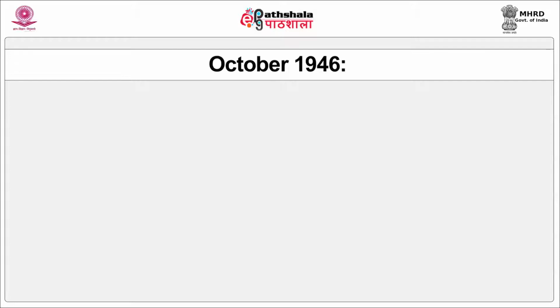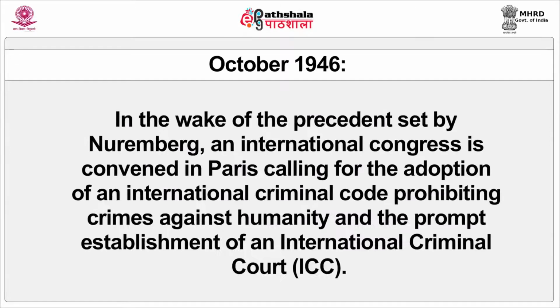October 1946: In the wake of the precedent set by Nuremberg, an International Congress is convened in Paris calling for the adoption of an international criminal code prohibiting crimes against humanity and the prompt establishment of an International Criminal Court, or ICC.